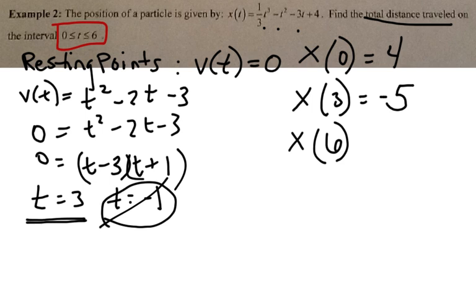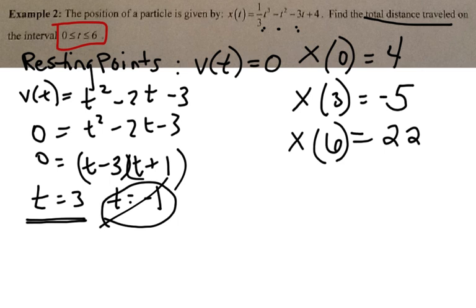And I'm going to substitute a 6 in for each one of these t values in my position equation to see where my final position is. And after you do the arithmetic, you will get 22. So this position starts at 4, goes to -5, and then goes to 22.